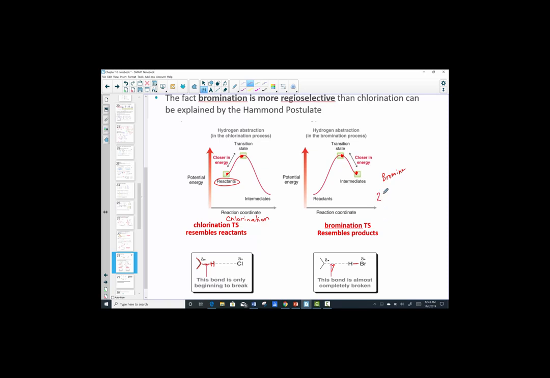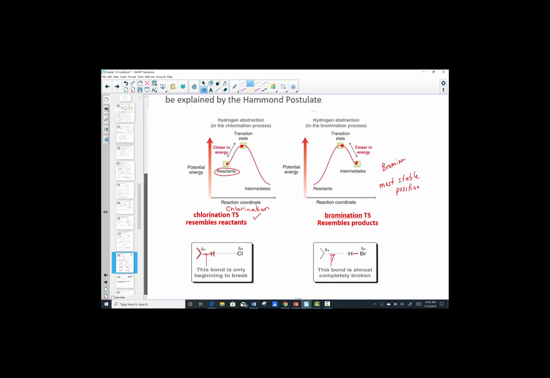And this makes it very selective to add the bromine to the most stable position. And I mean that by tertiary is greater than secondary, greater than primary, and so forth. So this is indiscriminate, occurring so rapidly that the chlorination will occur from all hydrogens and get a good yield of each, whereas bromine is very selective, always adding in the greatest quantity to the most stable position.